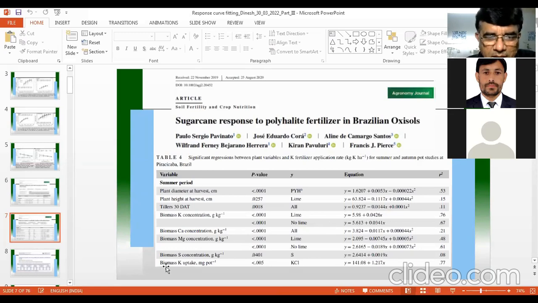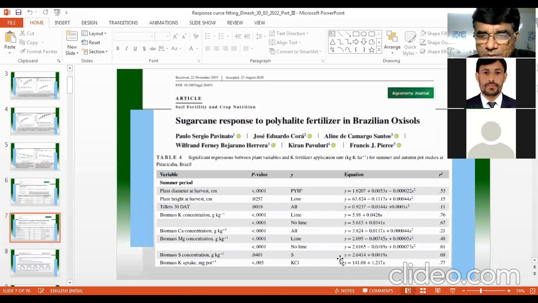See the last line on the bottom, biomass K uptake is, you see, it is linear relationship, means as you are increasing the K levels, potassium levels, the biomass uptake of potassium in biomass is increasing linearly.